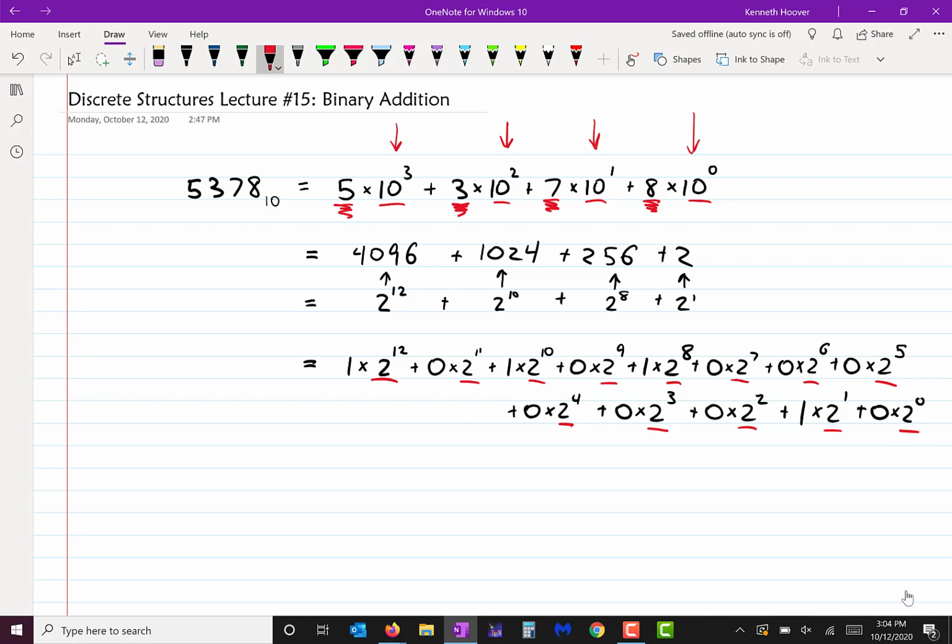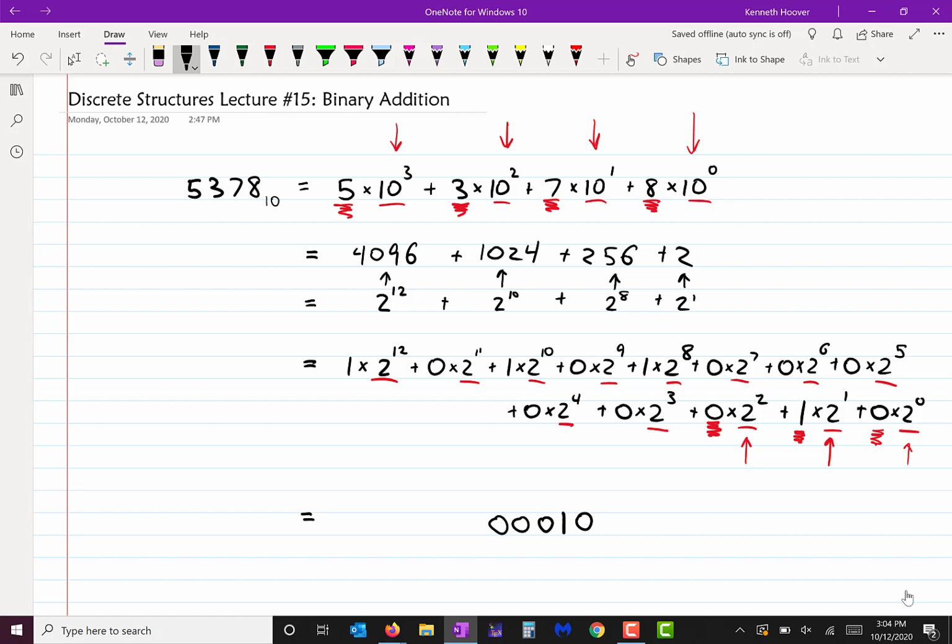We have the digit 0 in the ones place. The digit 1 in the twos place. The digit 0 in the fours place. And then 0 in the eights place.